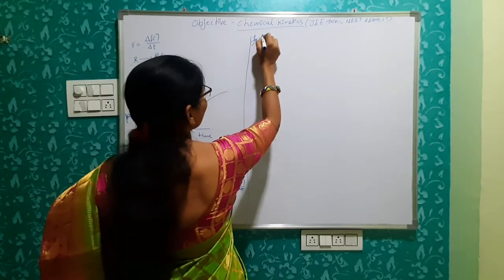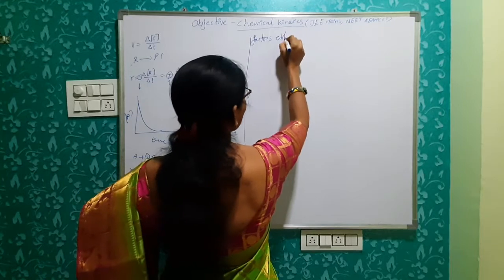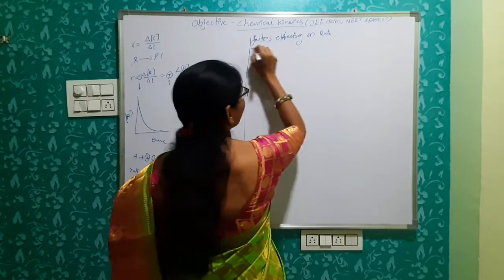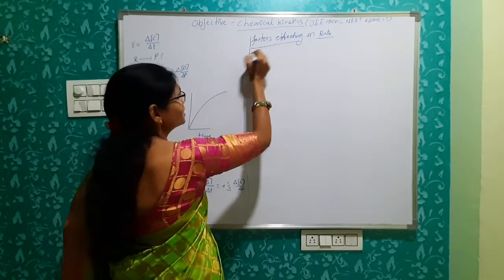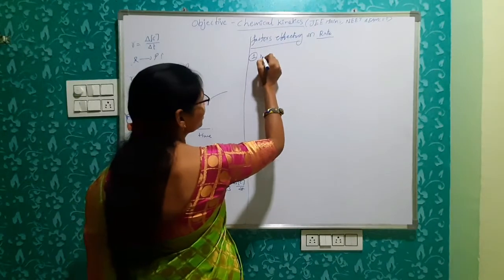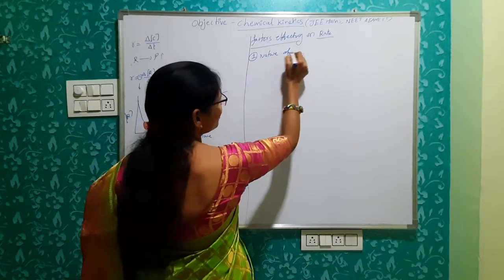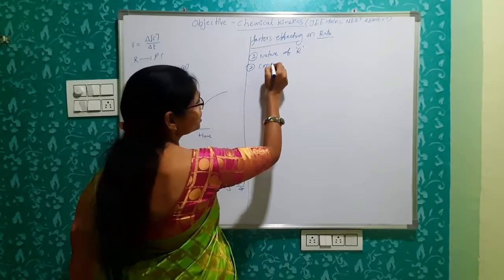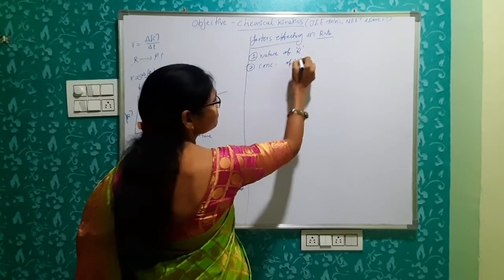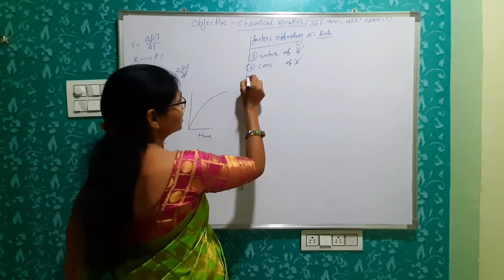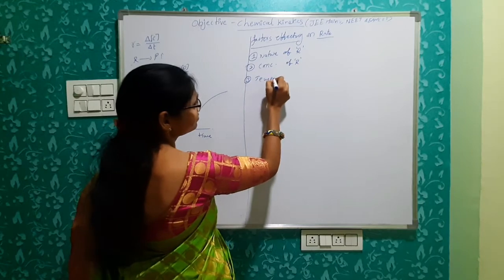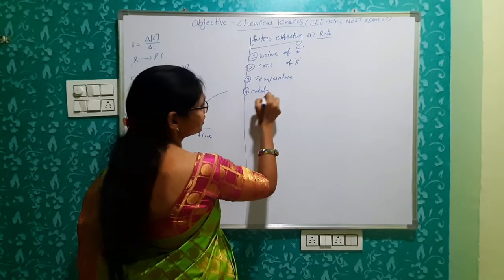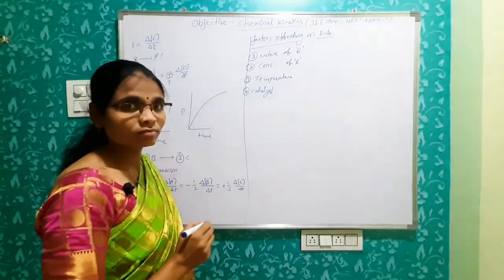Next, the factors affecting the rate of a reaction. We learnt four factors: first, nature of reactants; second, concentration of reactants; third, temperature; fourth, catalyst.